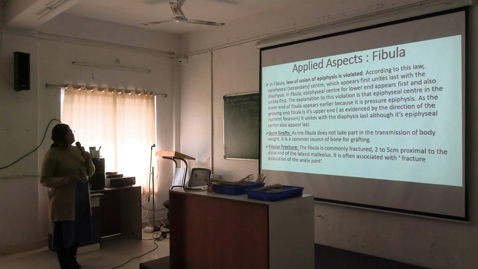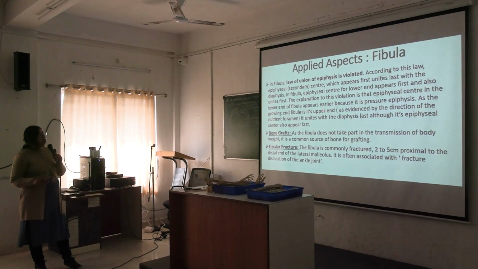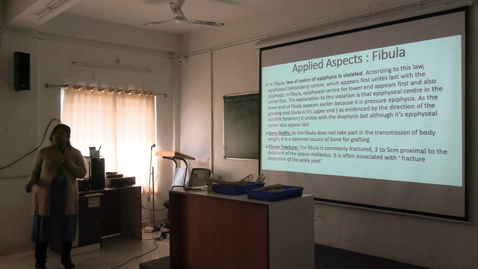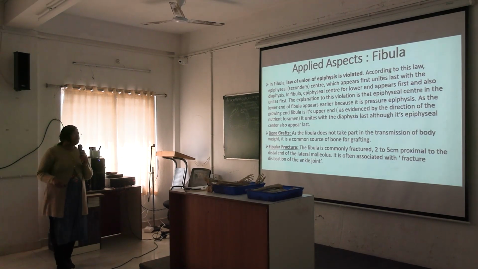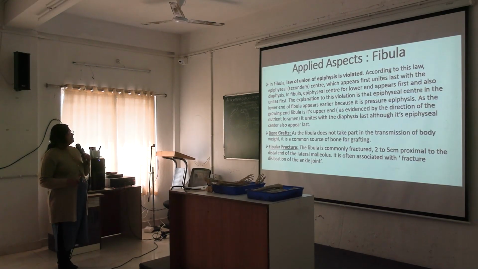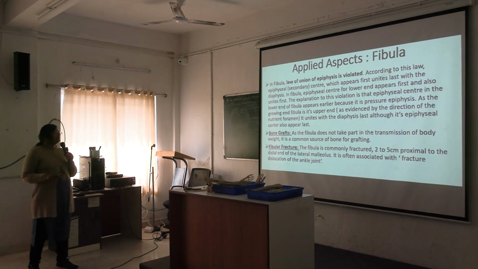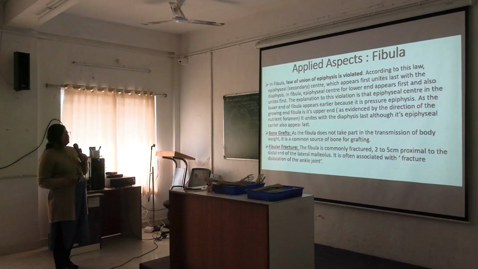The explanation for this violation is that the epiphyseal center in the lower end of the fibula appears early because it is a pressure epiphysis, carrying the body weight at the lower end, forming the ankle joint. And as the growing end of the fibula is its upper end, that's why the upper end unites with the diaphysis last, although its epiphyseal center also appears last.